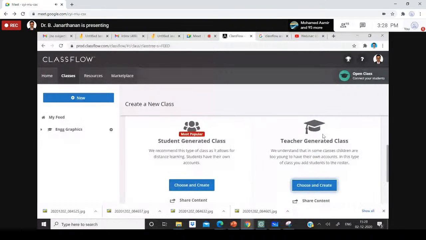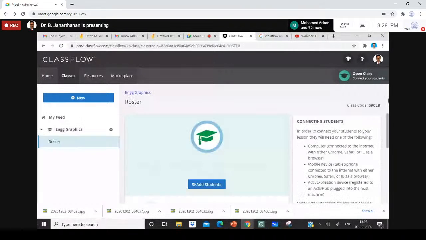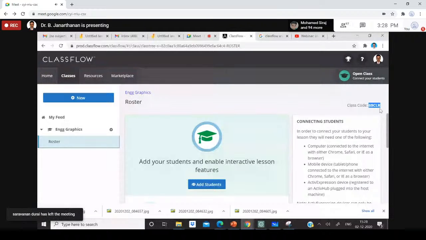If some of you can join, it will be very useful, so that you can see. See, my class code is marked here: 69CLR. Some of you may try this. Ramesh sir, if some of our faculty are there, you can ask them to try this.